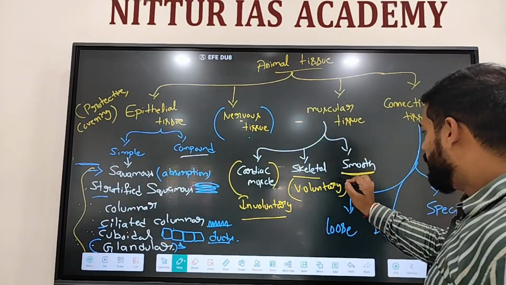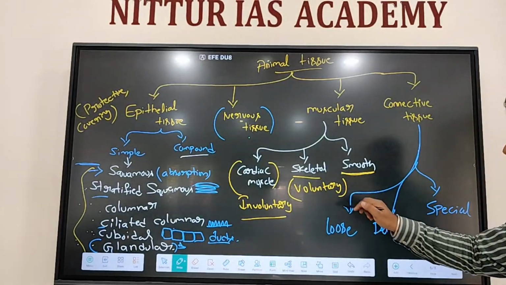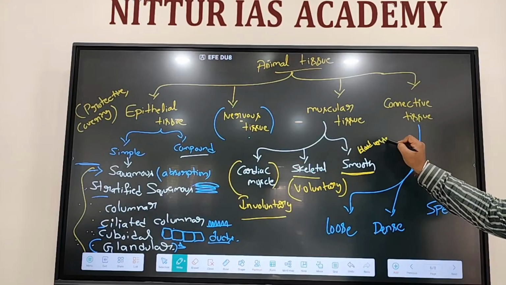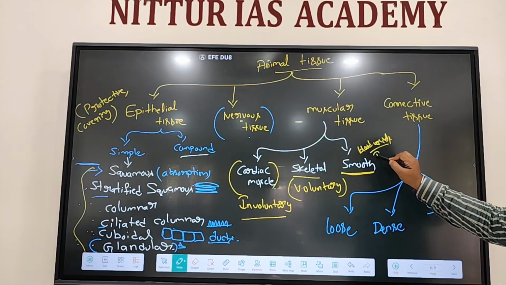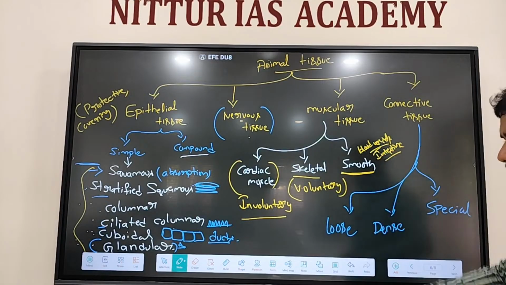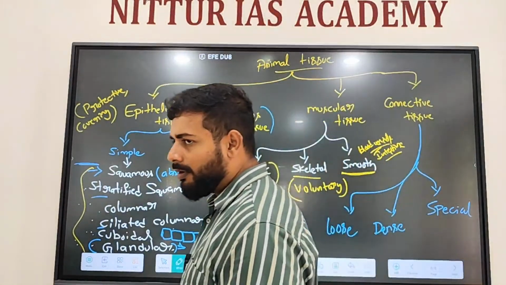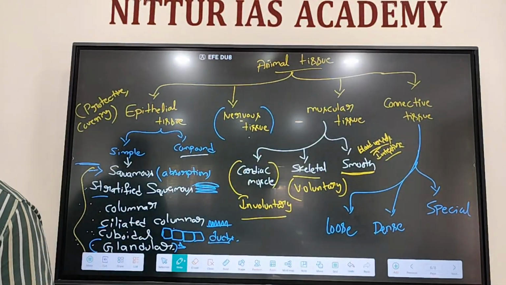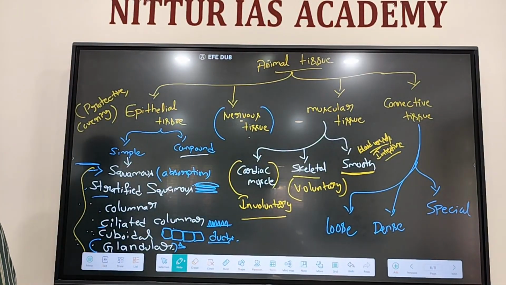Then smooth muscle tissue: blood vessels, intestine, etc. Can we control the flow of blood? Can we control the movement of food inside our intestine? We can only control swallowing.